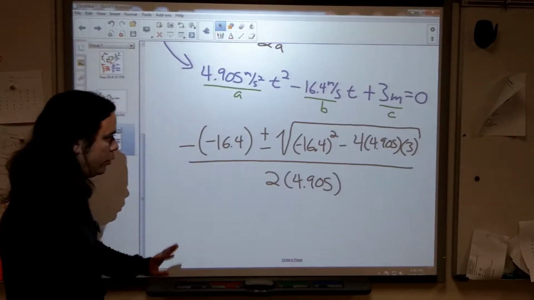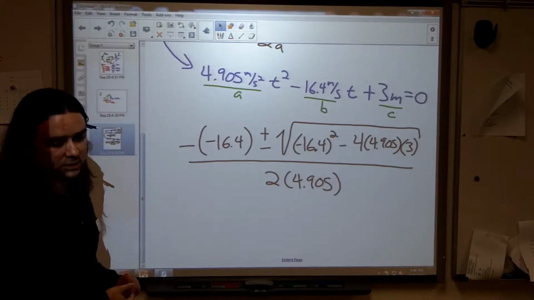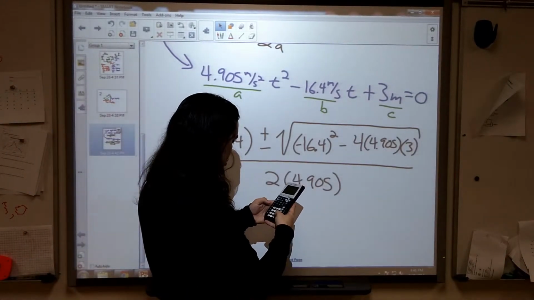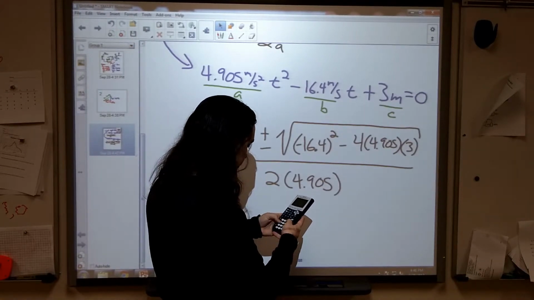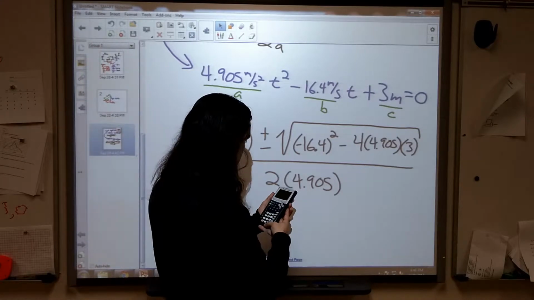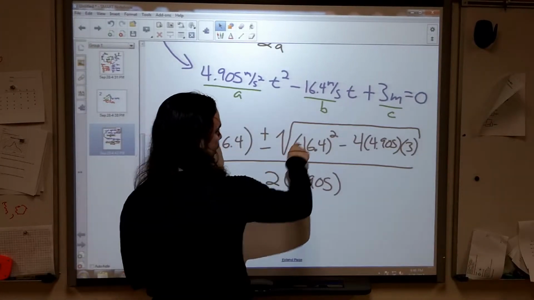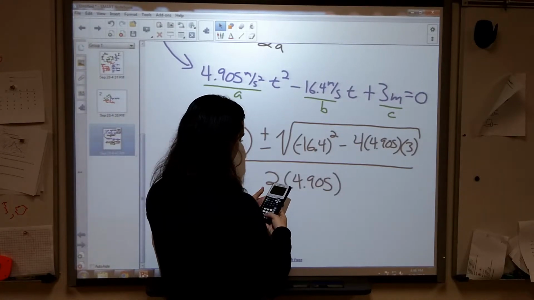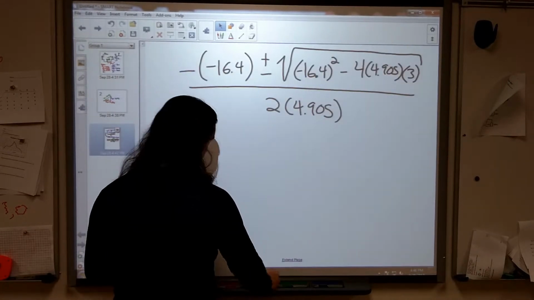There are some units that go along with this, but for now, I'm going to keep this a little bit simpler. Let's see what we get. 16.4 squared, technically negative, minus 4 times 4.905 times 3. I end up with everything under the radical comes up to 210.1. I take the square root of that, and I get the following.